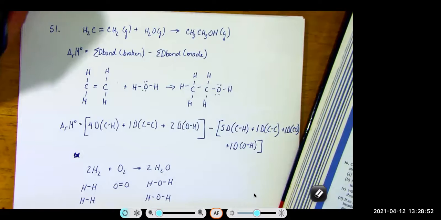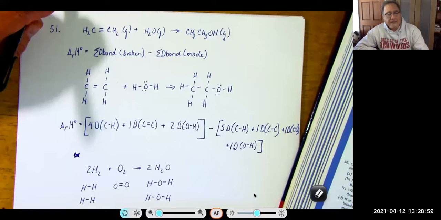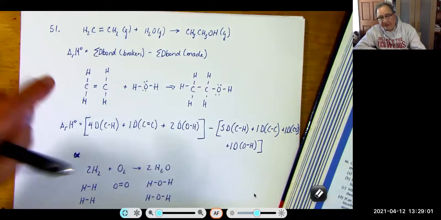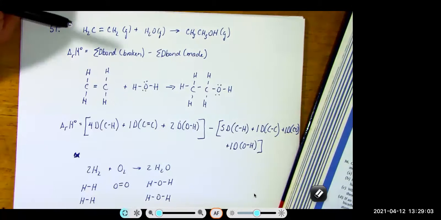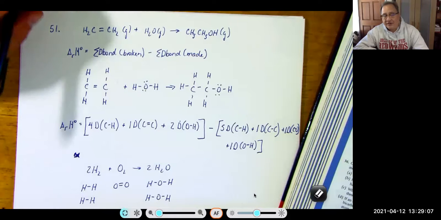So Hess's law, enthalpy of reaction and bond dissociation enthalpy, same thing. Well, if you're calculating the heat of a reaction, yeah. Okay. Yeah, there are different ways of getting to the heat of reaction.